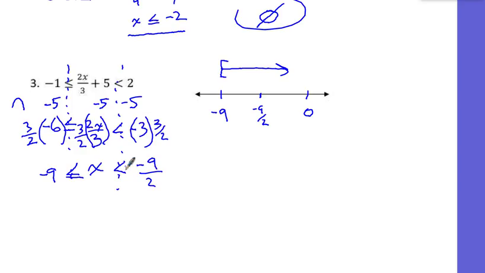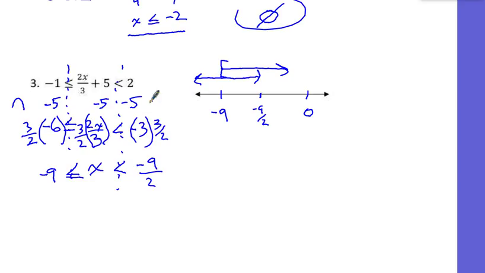X is less than negative 9 halves, so this is a parenthesis, it is an upper bound, and we're shading to the left. Again, parenthesis because this is not or equal to, so this is just a boundary, it's not included in the answer. We're looking for the overlap since this was an intersection or and problem.